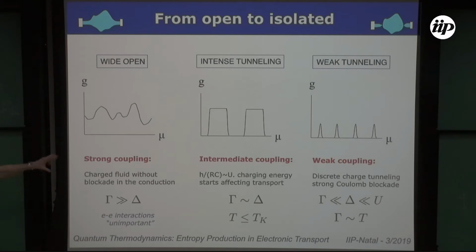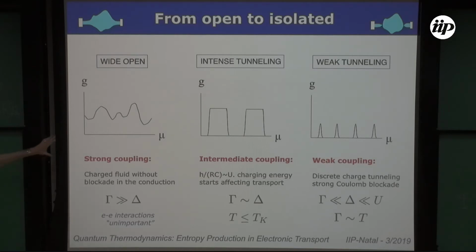And this intermediate regime is the most complicated, because then you have correlations due to some funny effect. It's not the subject of this talk, but this is a strongly correlated system, and you have Kondo effect and things like that, and this is a more complicated thing.